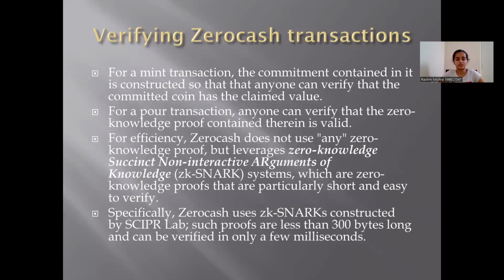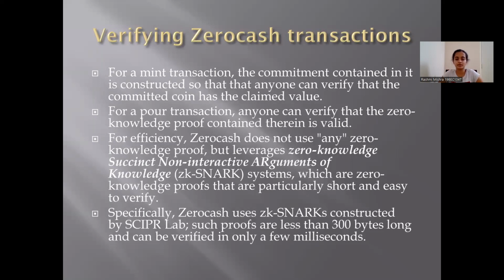Verifying Zerocash transactions. For a mint transaction, the commitment contained in it is constructed so that anyone can verify that the committed coin has the claimed value. For a pour transaction, anyone can verify that the zero knowledge proof contained therein is valid.